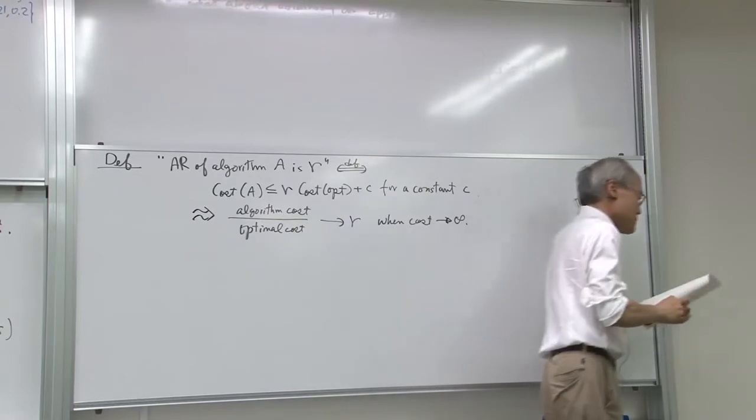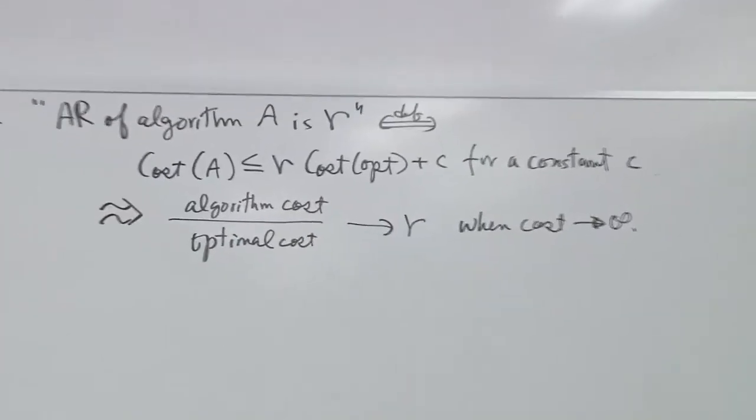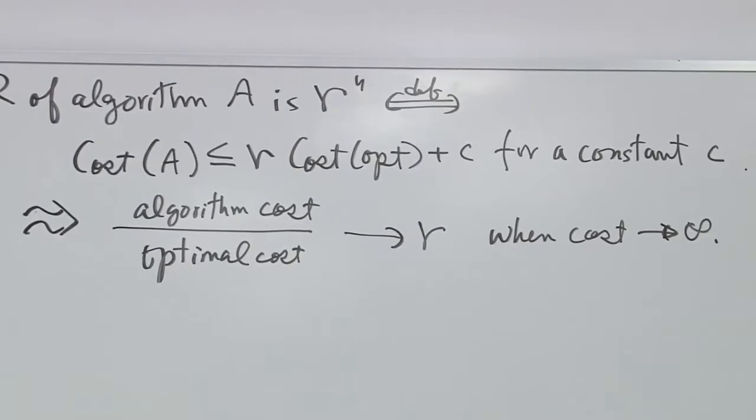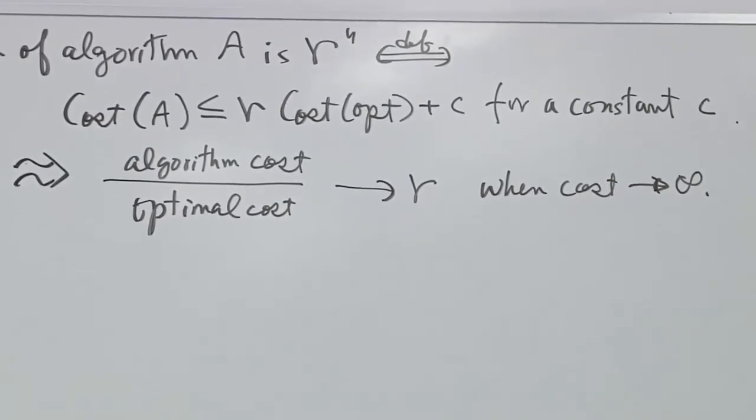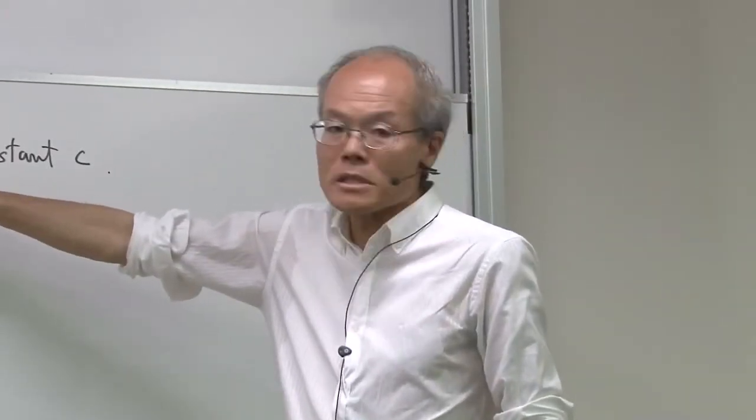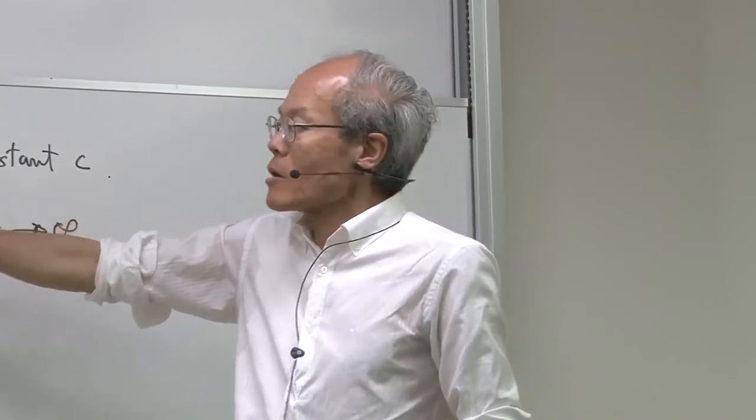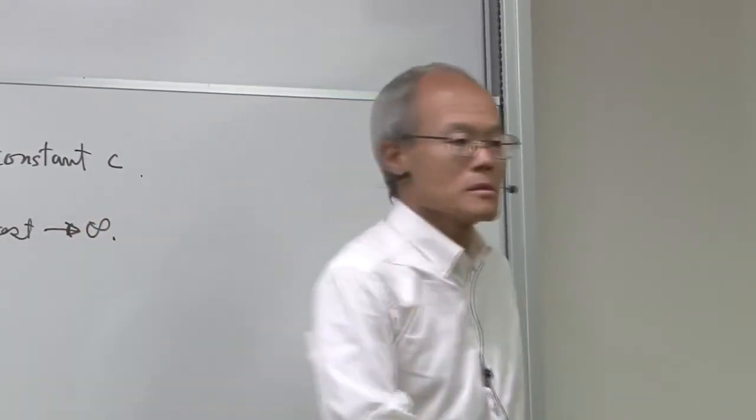If the cost goes to infinity, if you consider a big size problem, then you can now ignore this constant C. That means algorithm cost over optimal cost is almost R. This is a reasonable definition of approximation ratio.